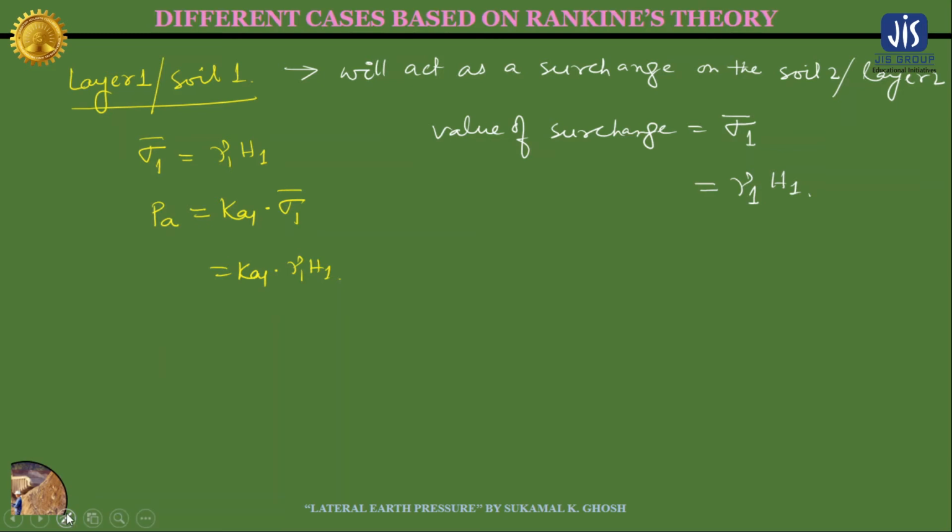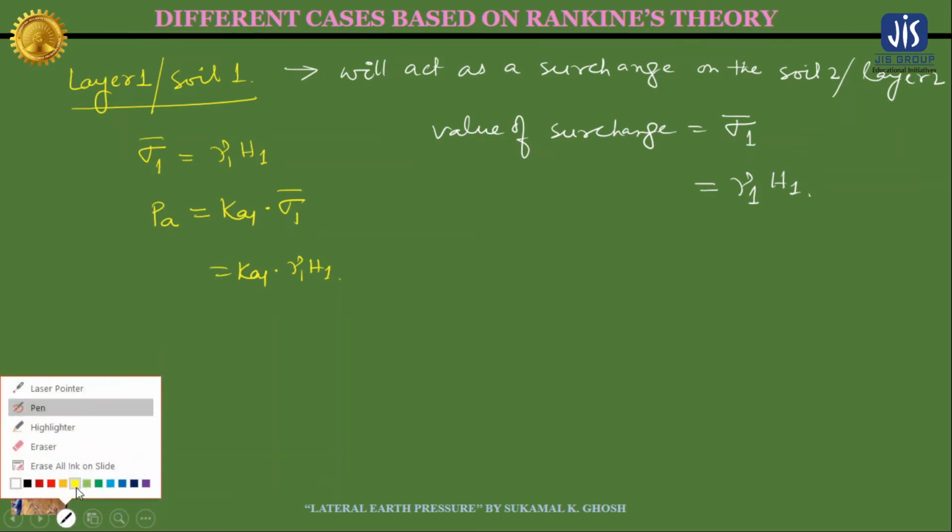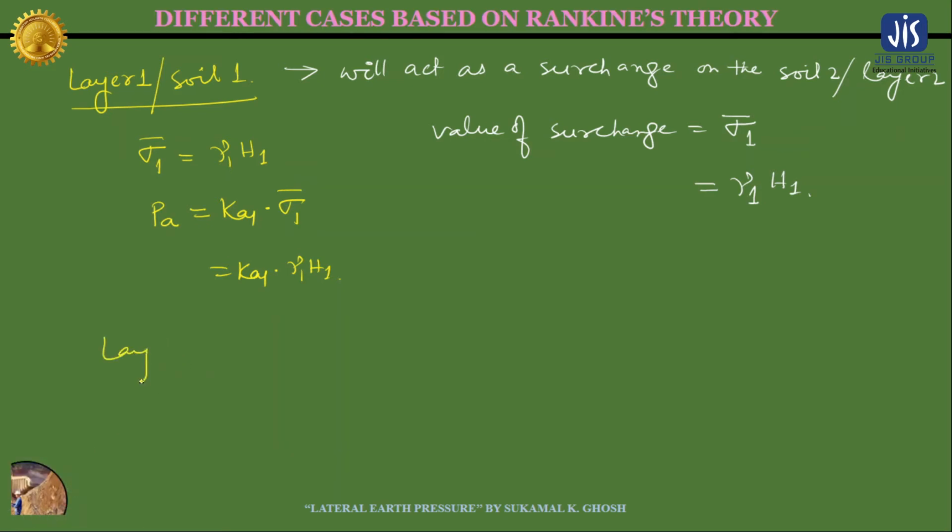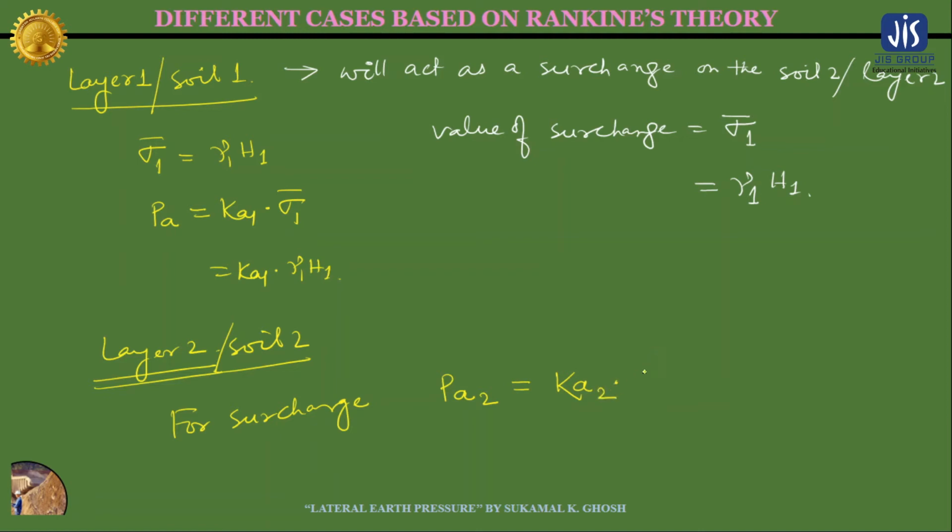So now if you want to consider the layer 2 or the soil 2, in layer 2 for surcharge, the active earth pressure will be Pa2, which equals Ka2 into sigma bar 1, which equals Ka2 into gamma 1 into H1.